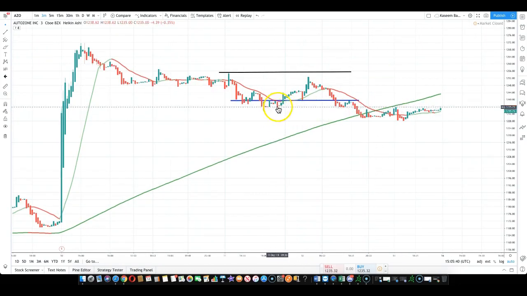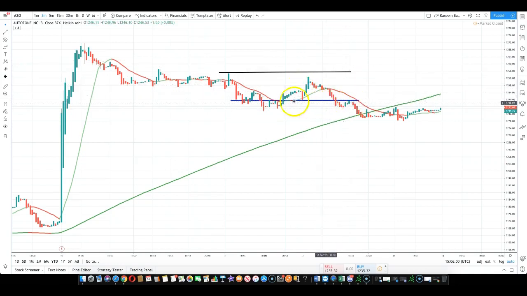Let's say for example you wait and see what happened. Usually in a channel like this, I won't trade this because I like to trade clear breakouts or breakdowns. So let's say you waited and saw what price would do. It couldn't go any higher than this, and it just kept on going down.